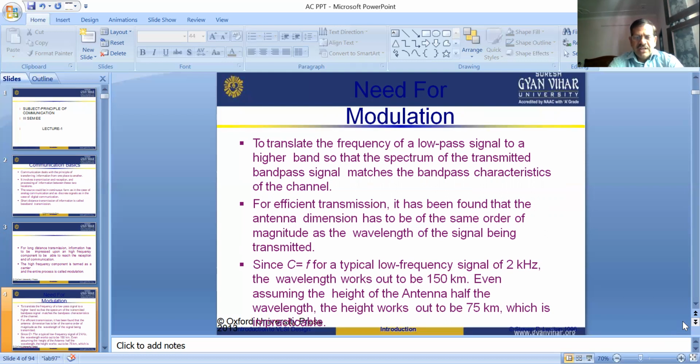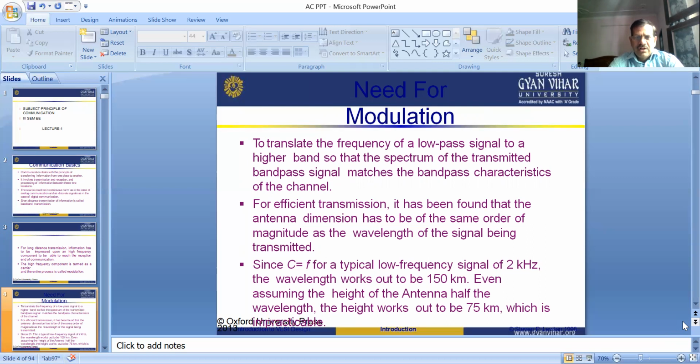For efficient transmission, it has been found that the antenna dimension has to be of the same order of magnitude as the wavelength of the signal being transmitted. The antenna is a very important part of the communication system, and the dimension of the antenna depends on the signal wavelength and frequency.